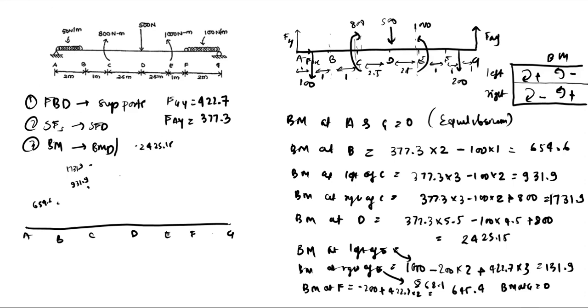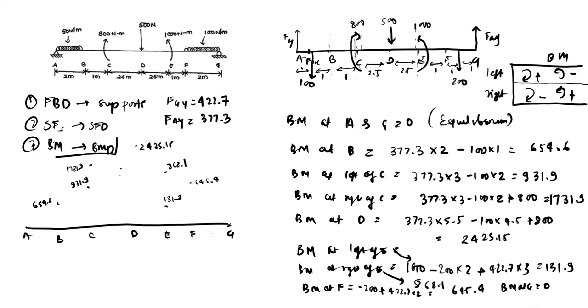We'll just separate this. And at left of E, we have 131.9. Bending moment at right of E is 868.1. And we have bending moment at F as 645.4, and at G it is 0.